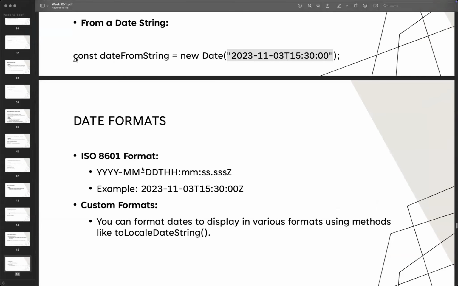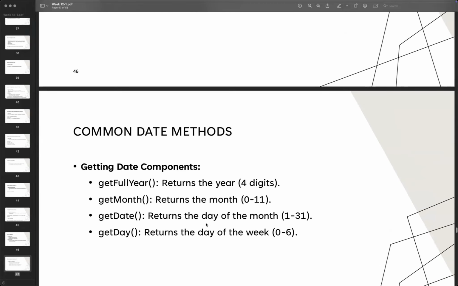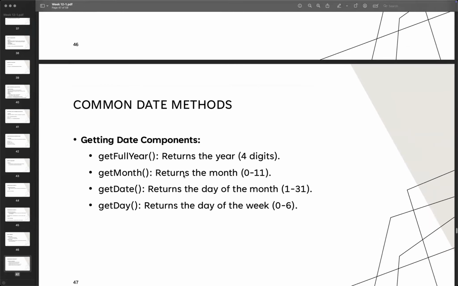This follows a certain standard called ISO 8601 format: the year, month, date, and then the T, then the two-digit hour, minute, second, and the time zone. Of course, we can also use toLocaleDateString and pass some format to change it in a different way.